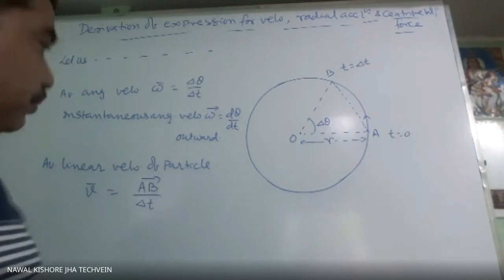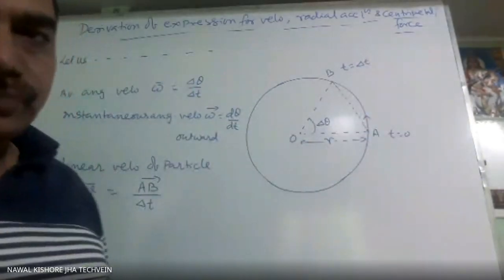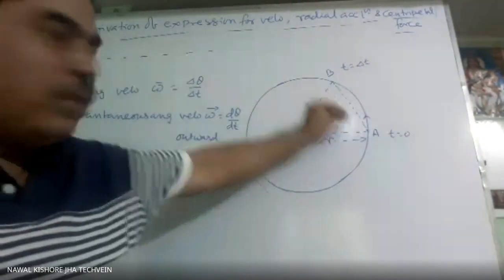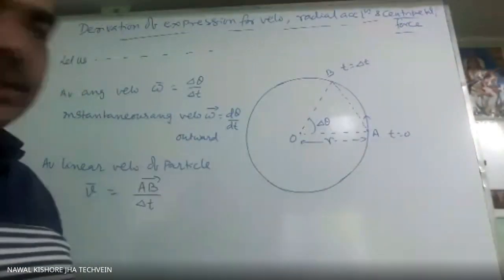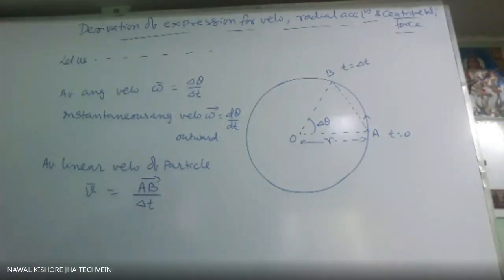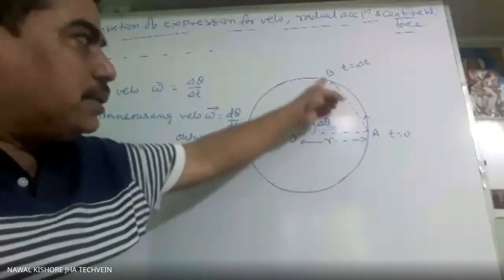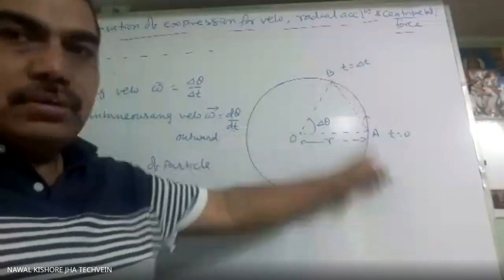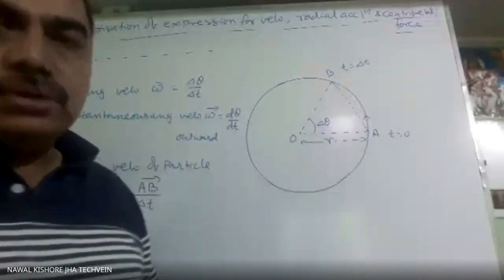Now this vector AB, if delta t is small, maybe 1 millisecond or 0.1 millisecond, then B will be closer to A. In that case, this chord and this arc will be almost the same.